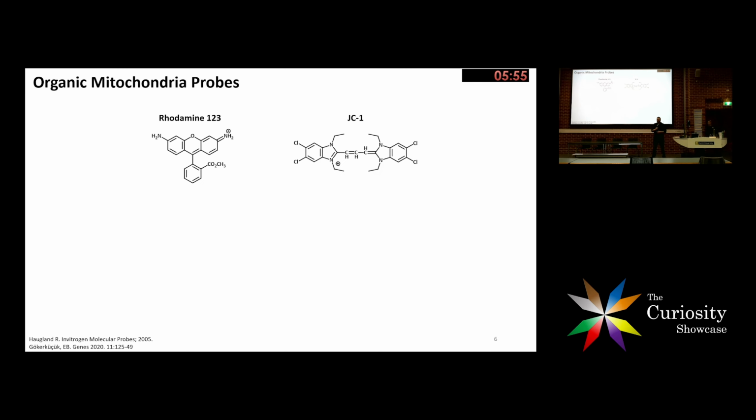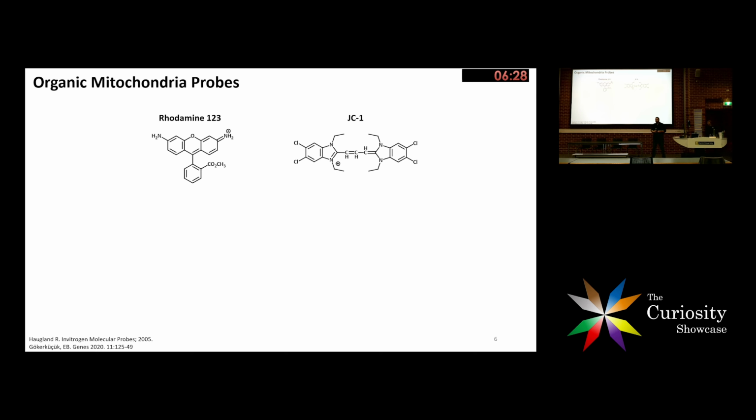So what probes do we currently have available for imaging mitochondria? Conventional probes for imaging mitochondria are organic. There are a number of organic probes available, including rhodamine 123 and JC1, just to name a couple. The issue with existing organic probes is that most of them are designed in such a way that they're optimized for staining cell samples, and the selectivity in cell samples doesn't necessarily translate to the more complex tissue environment.